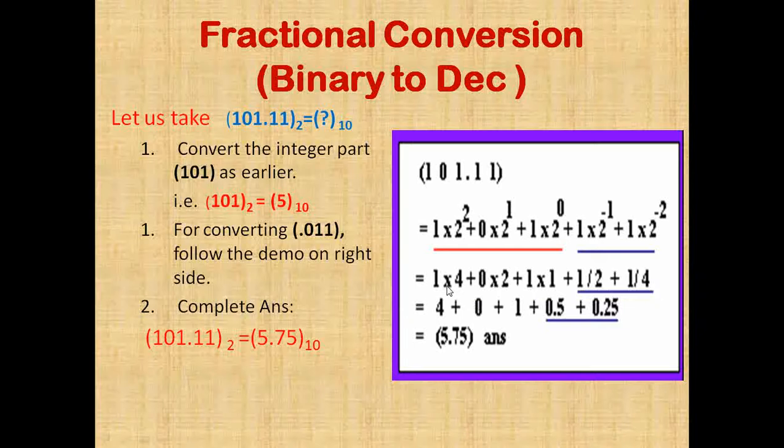Now 1 into 4 is 4, 0 into 2 is 0, 1 into 1 is 1, and 1 by 2 is 0.5, 1 by 4 is 0.25.